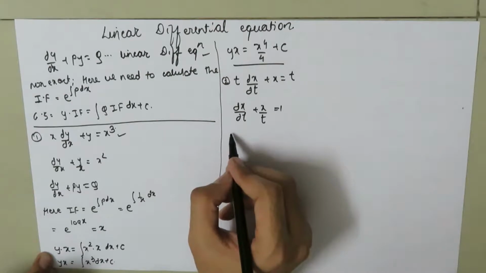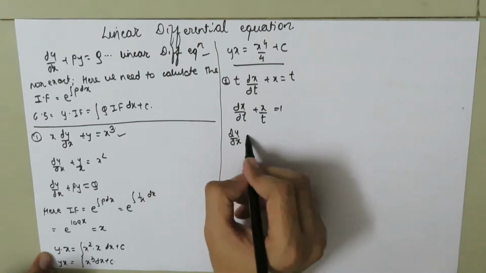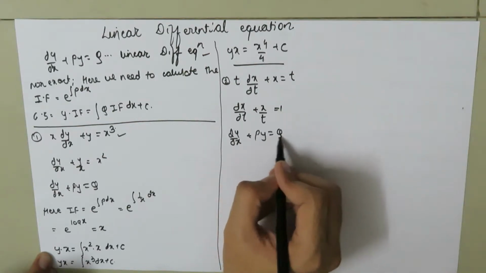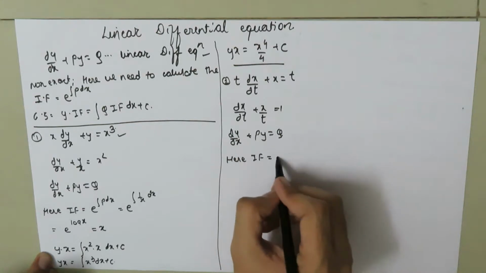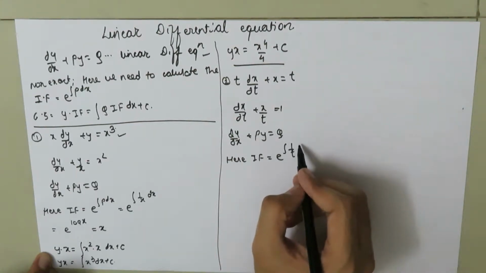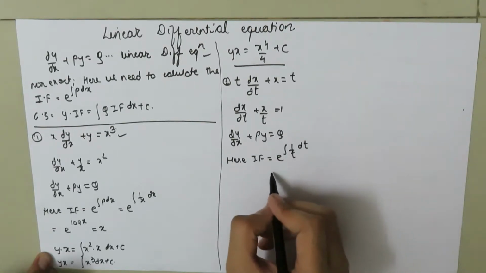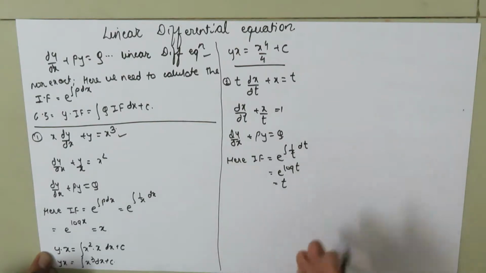Now our general linear differential equation is dy by dx plus p times y is equal to q. So here the integrating factor is equal to e to the power integration of 1 by t dt, which is equal to e to the power log t, which is equal to t.